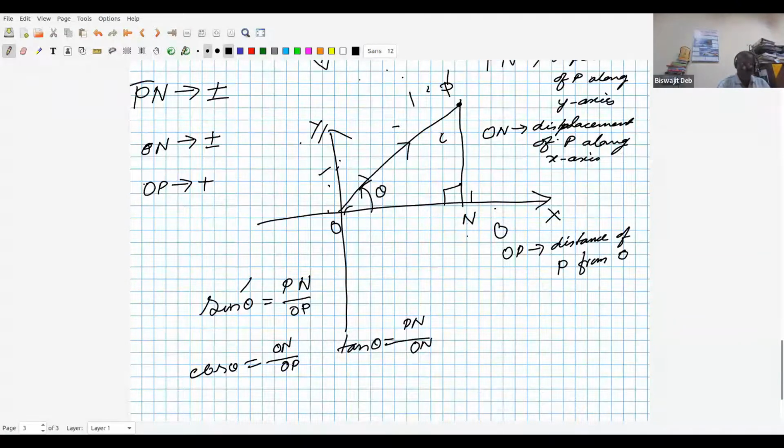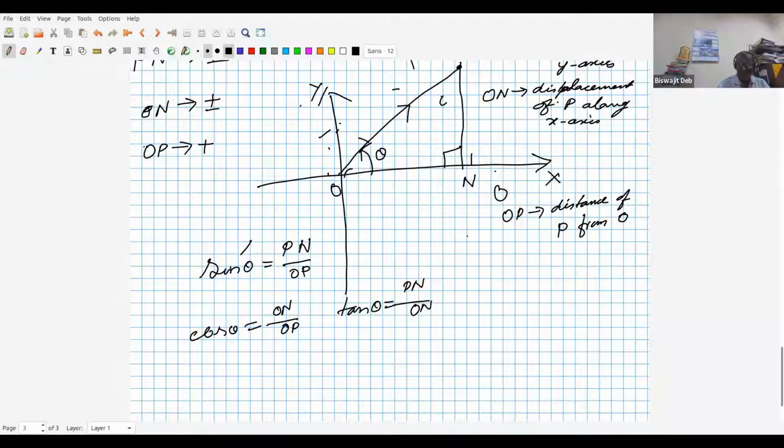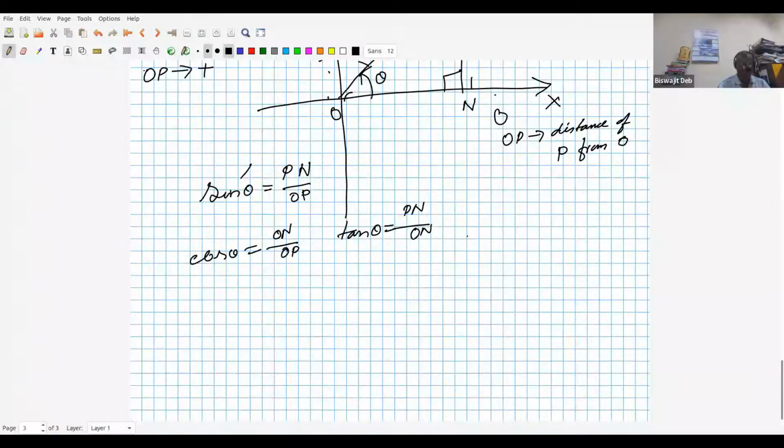Now suppose I know the value of sine theta, cos theta and so on, but I take this theta to be not clockwise, but in the anti-clockwise direction. So instead of taking it in the clockwise direction, I take it in the anti-clockwise direction. The rotation is now taking place in this direction.